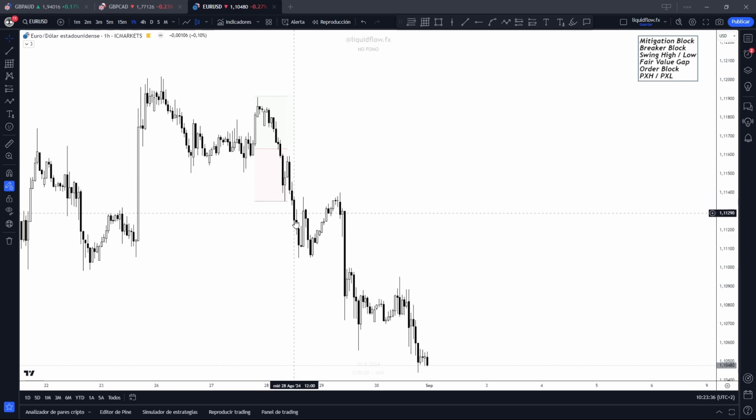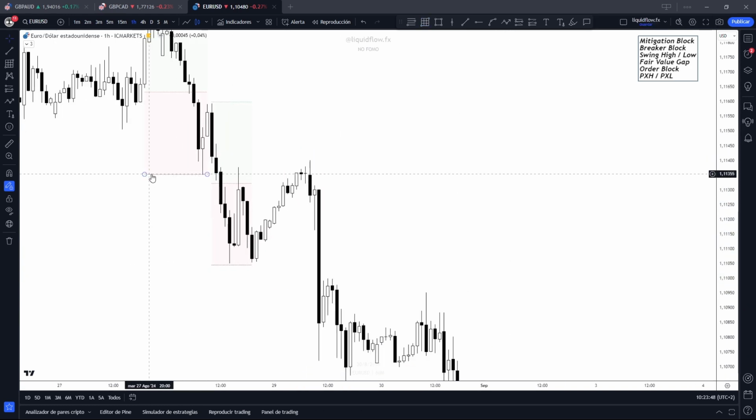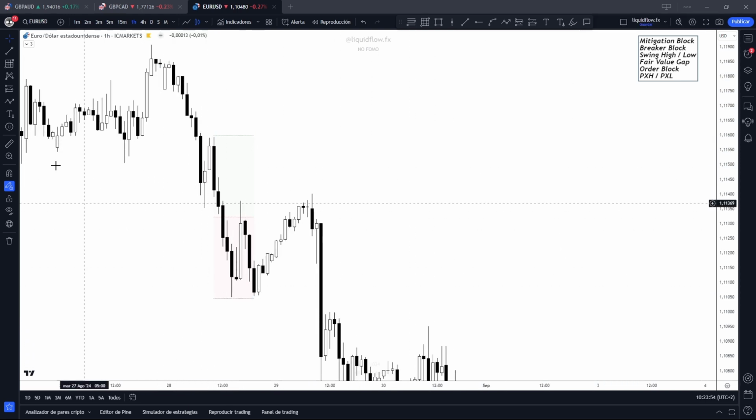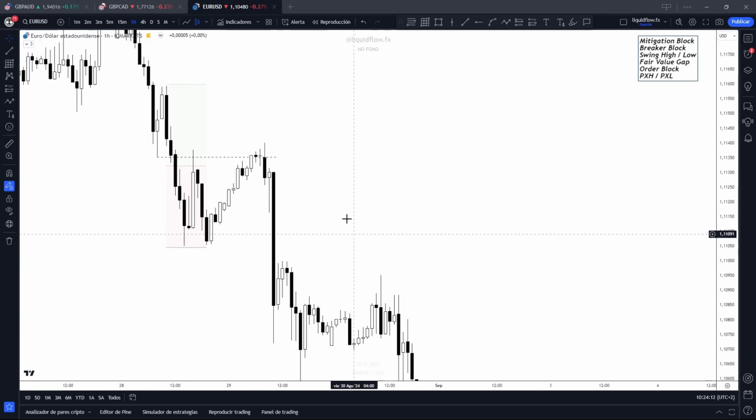After we have that break, we have a new PD array. So we start here and come to here. Now we can see we have a new PD array. In this PD array, this is a mitigation block, yes, it's just one movement below. Also, we have other things that we're going to talk about in a minute, but we are just looking at this right now.